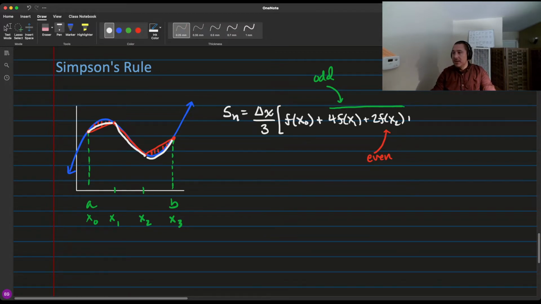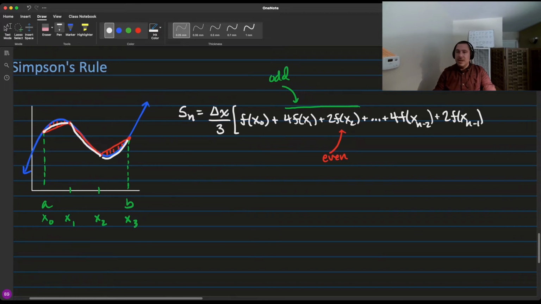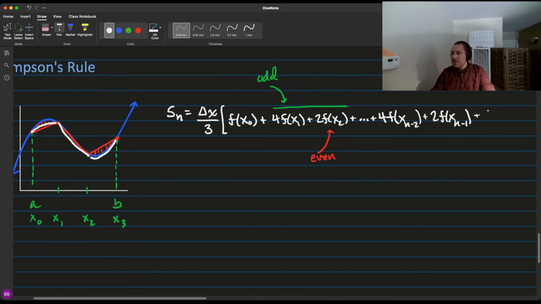So I'm just going to put plus dot dot dot 4f of xn minus 2 plus 2 times f of xn minus 1. And then your final term is just f of xn.